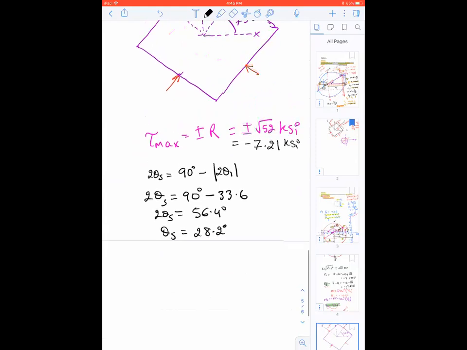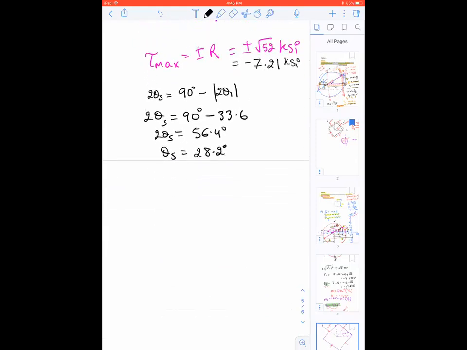So now I know my tau max and I know my angle. One of the angles is good enough for you to draw the element. It's a positive angle, 28.2 degrees, maybe something like this. So this is my x, y, x prime, y prime.